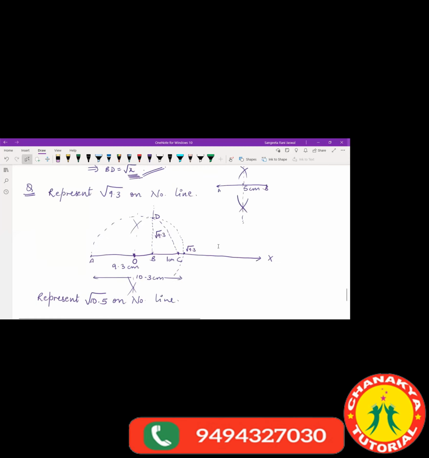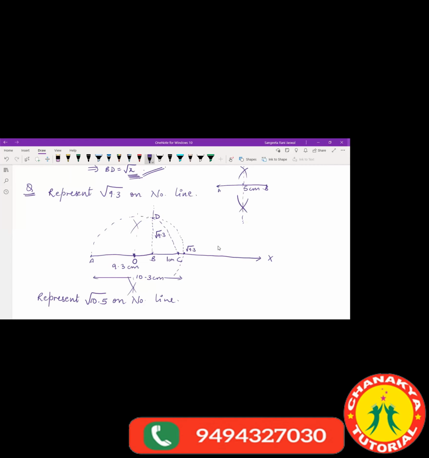Same method. First, draw a line segment AB of 10.5 centimeters. Then extend 1 centimeter. Your total length will become 10.5 plus 1, which is 11.5. Then take the midpoint of this A to C, 11.5 का midpoint लो.